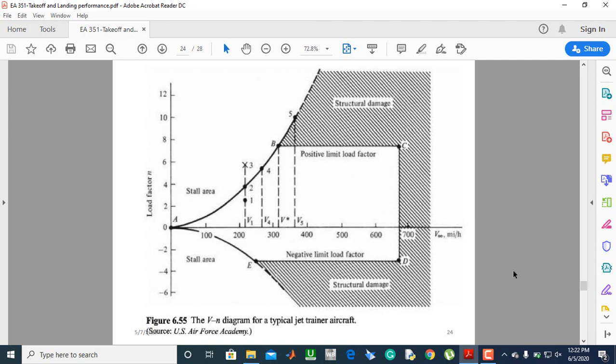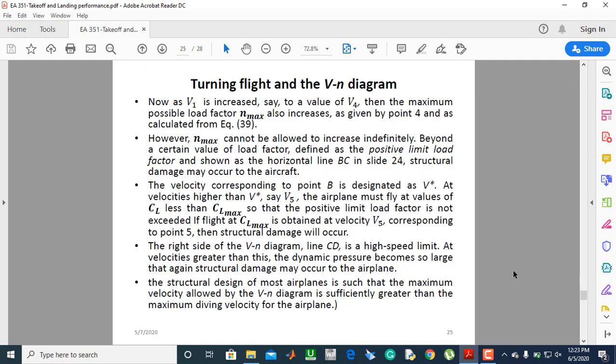From here, it's not possible to reach velocity V5, because V5 is in the region of structural damage, and no sane pilot would want to compromise the structure of the aircraft. Hence, you need to fly within the safety margin of what the aircraft was designed to do.